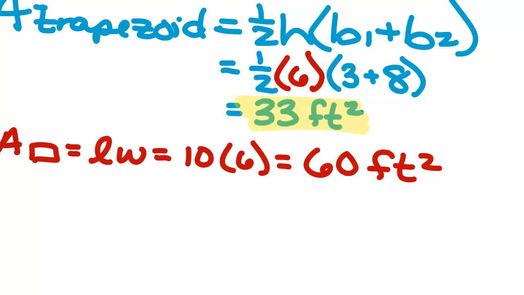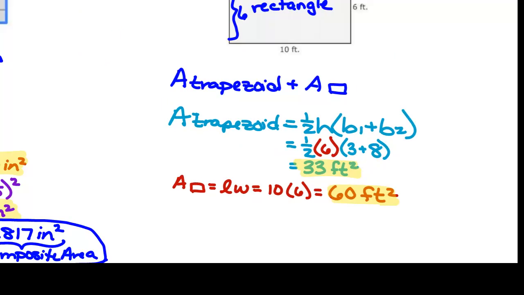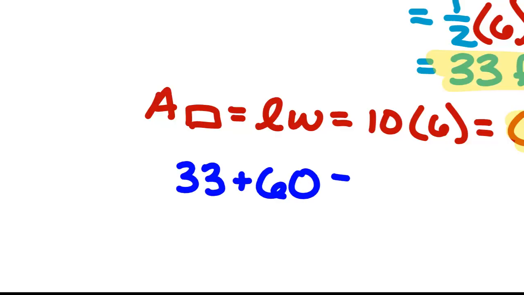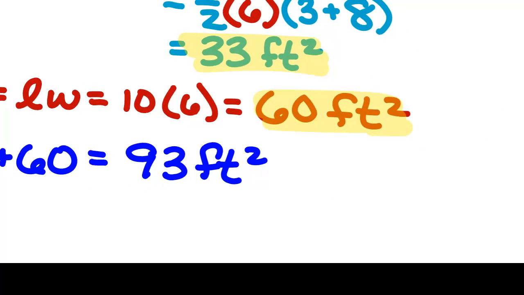We're going to take the 33 feet squared for the trapezoid, add it to the 60 feet squared for the rectangle. What do we get when we add 33 plus 60? 93 feet squared, yes, for our composite area.